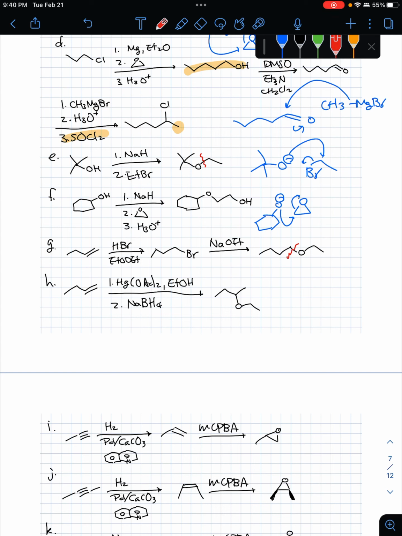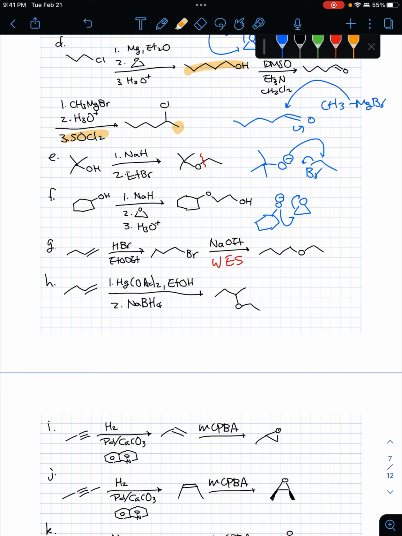Actually, mainly so that we eliminate the possibility of competing E2 reactions, but that doesn't really matter that much for this problem. So for this problem, I can see a number of different ways to do this. But again, the key idea here was Williamson ether synthesis. And then I had to introduce a leaving group at the end, so that's an anti-Markovnikov reaction that is done through a radical process with a peroxide, as you recall.